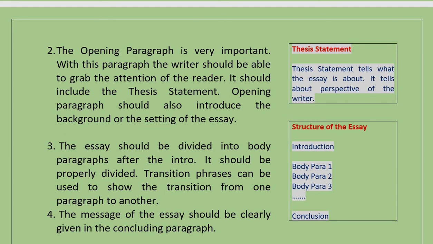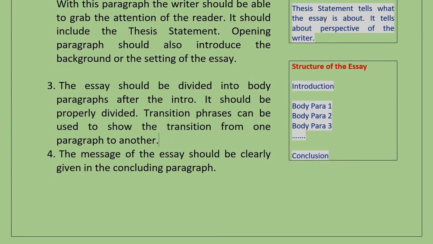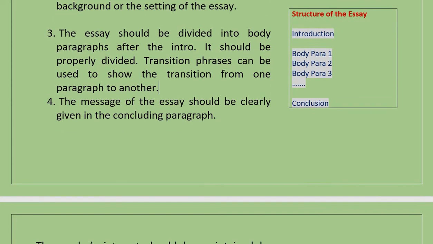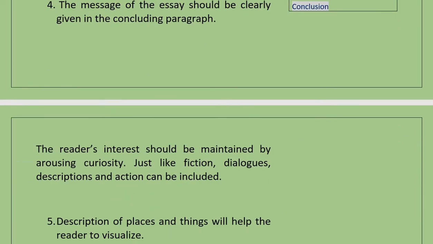The difference between para 1, para 2 and para 3 should be clearly delineated with transition phrases. Then the message of the essay should be clearly given in the concluding paragraph. The message or the idea that you are about to convey should be summed up in the concluding paragraph.